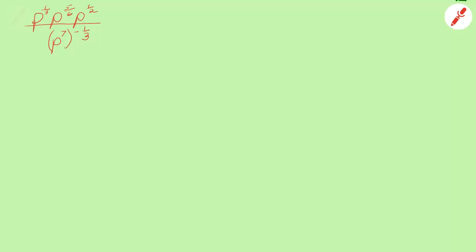Here we go. On the bottom of the fraction, in the denominator, I am going to use the power rule, and I'll write that out. Power rule. That will give me the top, and I'm going to go one step at a time.